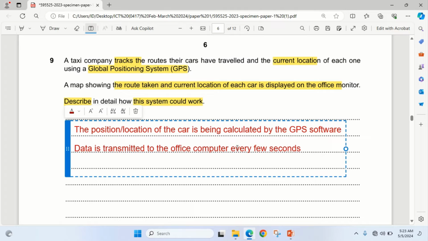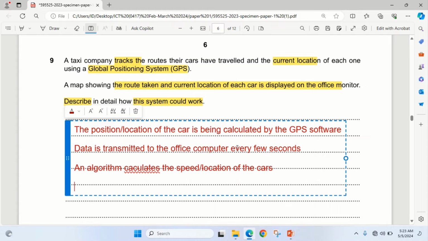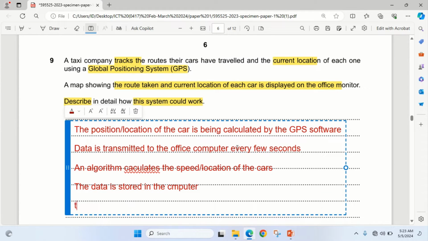Then another one is that an algorithm will be generated which will calculate the speed and probably the location of the cars. Then the data is stored in the computer. Then the map is updated.